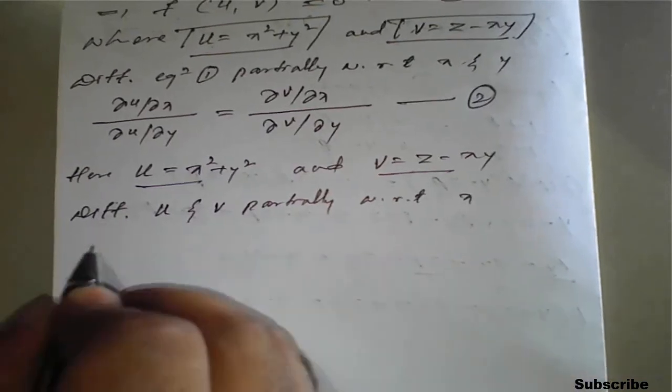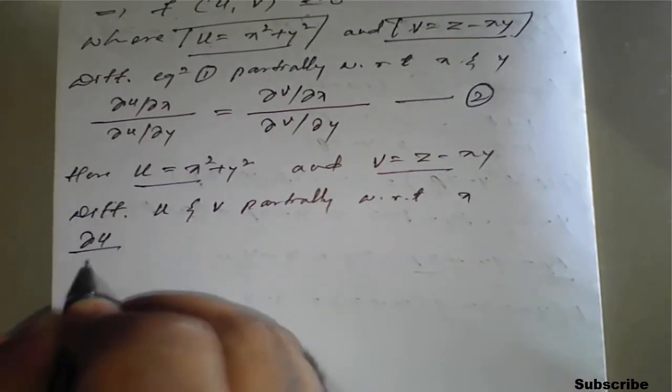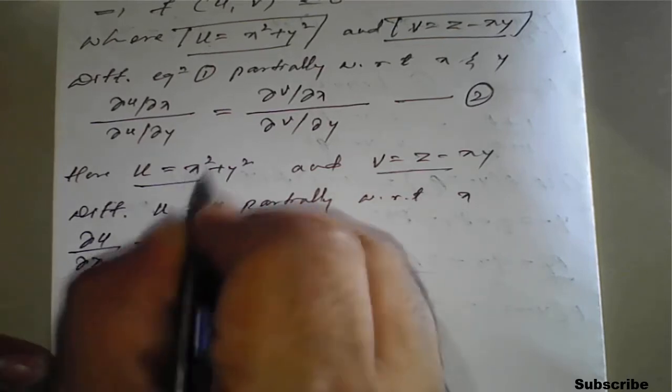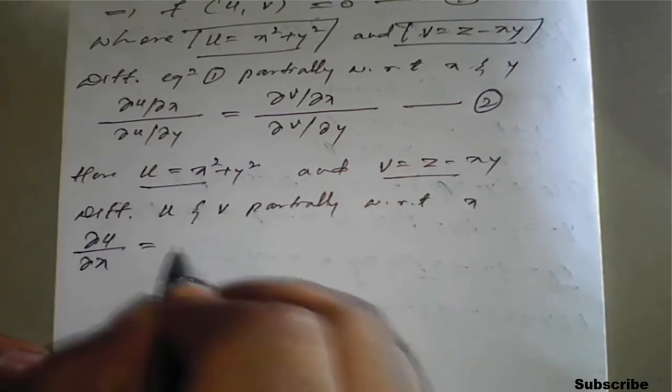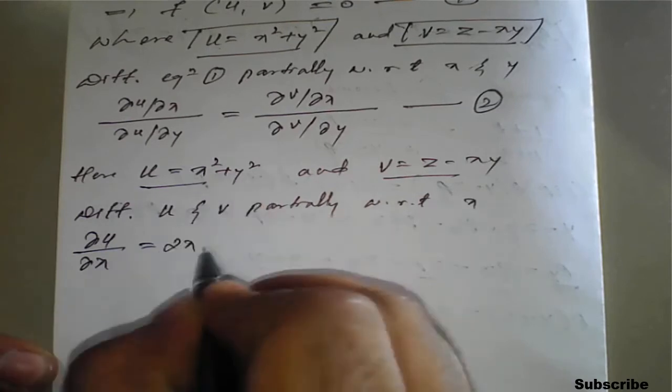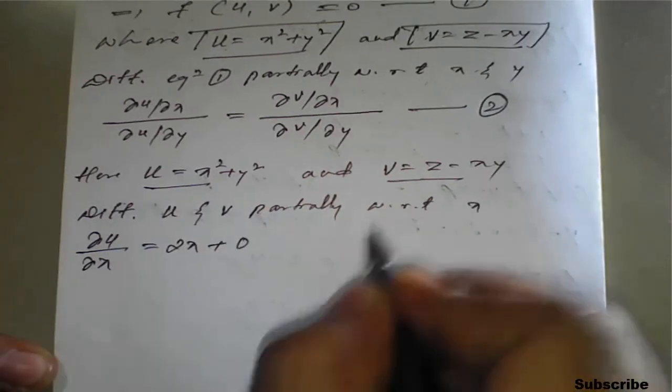What happens with respect to x? For u, dou u by dou x is equal to the partial derivative of x square with respect to x, which is 2x, plus y square, which is 0.